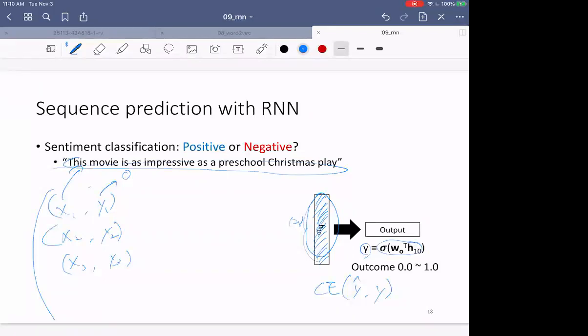Maybe a given test sentence will contain a word that your model has never seen before. For example, a new movie came out, like the Avengers, and your model has never seen the word Avengers. That's an unknown word for your RNN.